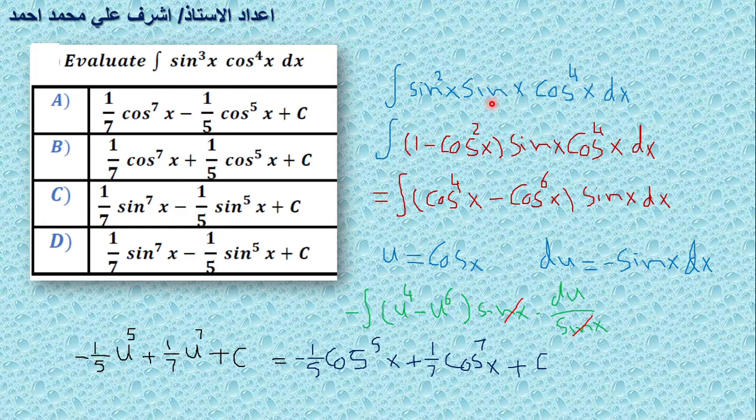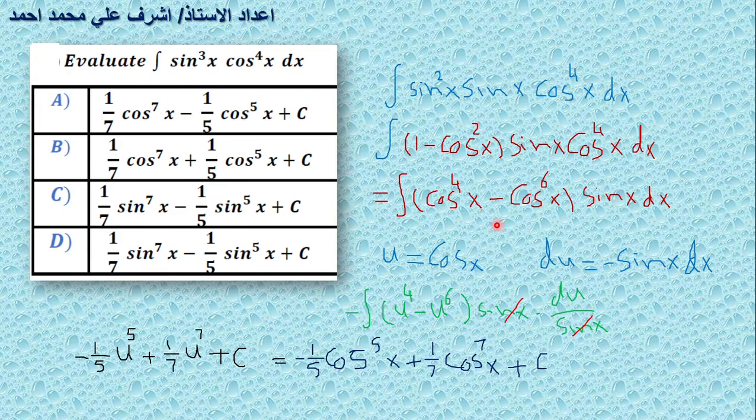I'll take sine to the power 1 times sine squared. Why? Because sine squared equals 1 minus cosine squared, and here we have cosine to the power 4. I'll expand these brackets: cosine to the power 4 times 1, minus cosine to the power 4 times cosine squared, gives cosine to the power 4 minus cosine to the power 6, times sine x dx.